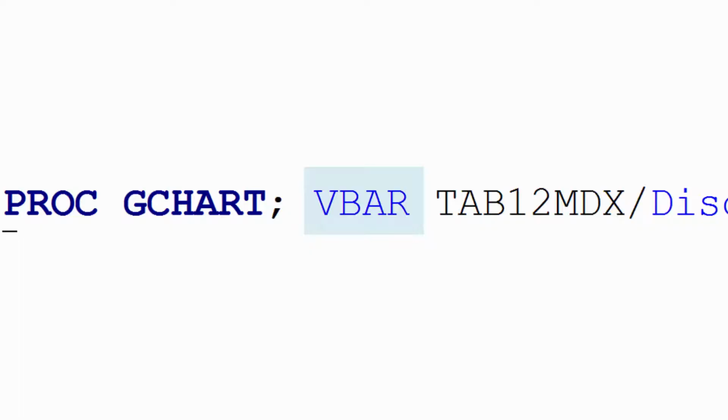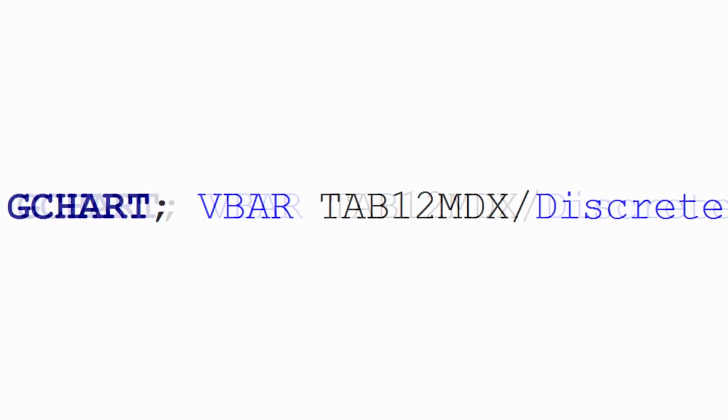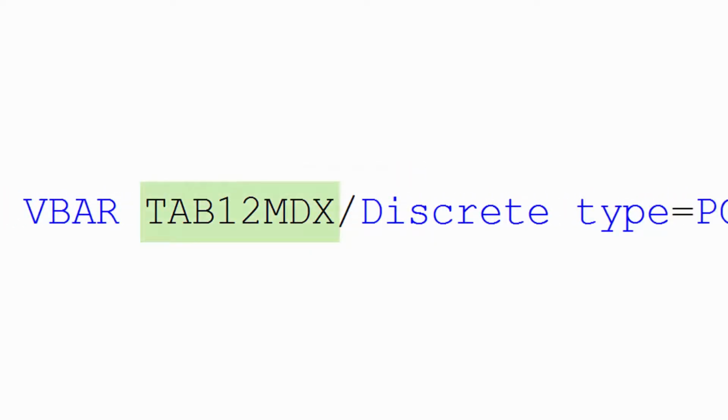Next, you type your categorical variable name, in this case, TAB12MDX, followed by a / and the word discrete. Discrete is an alternate term for categorical.